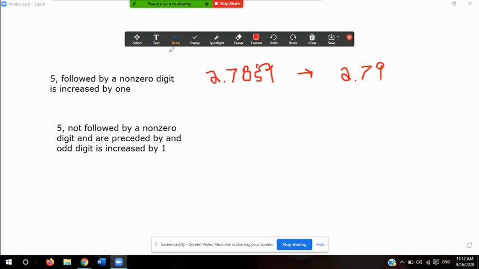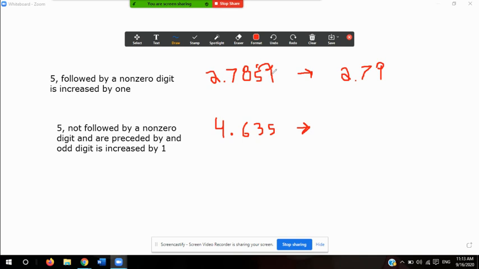If I have a measurement as 4.635, okay, the difference between this measurement and the other one is that if I look at the first one, after the 5, there was a 1.